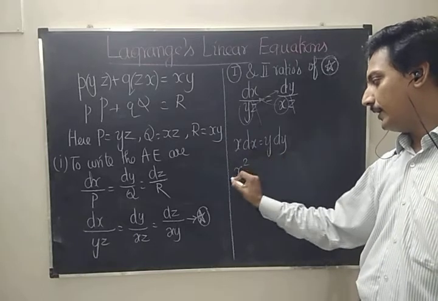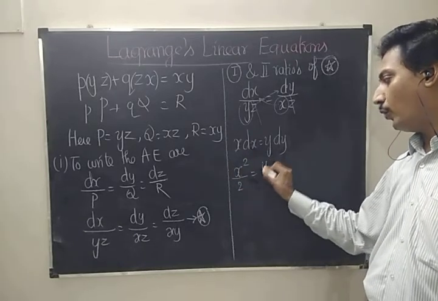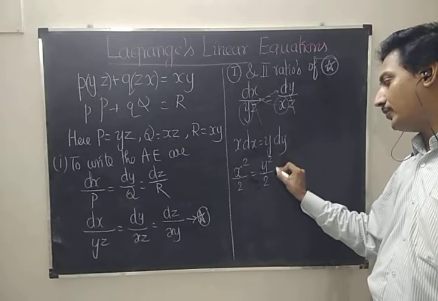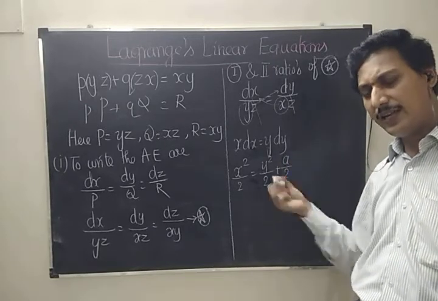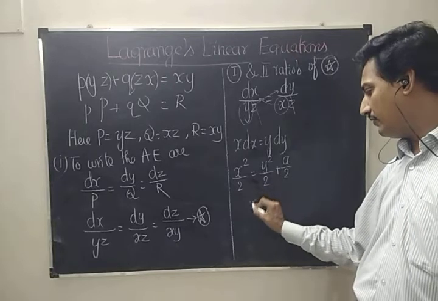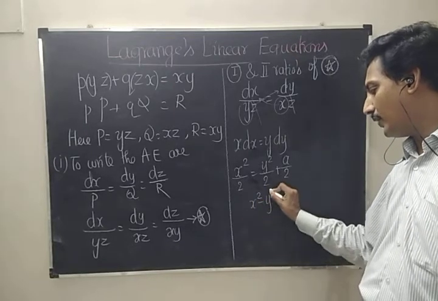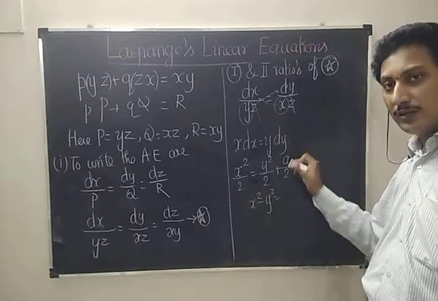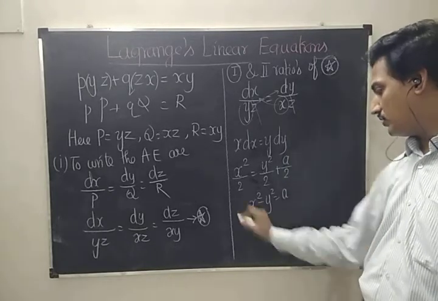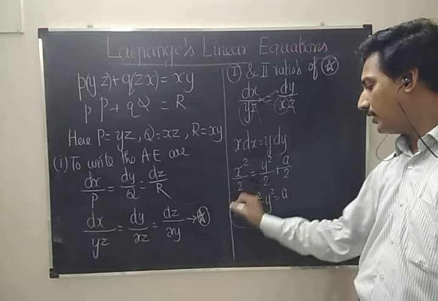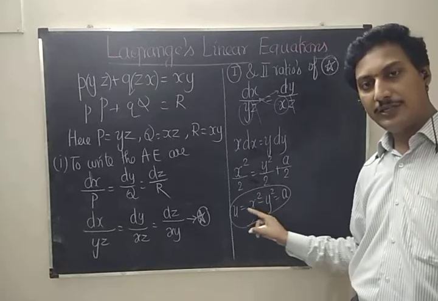I am getting x squared by 2 is equal to y squared by 2 plus a constant, which I can take as a by 2. This is my convenience. So we get x squared minus y squared is equal to a. You can even take a squared, it does not matter. So this is my first required solution, u in terms of x and y.